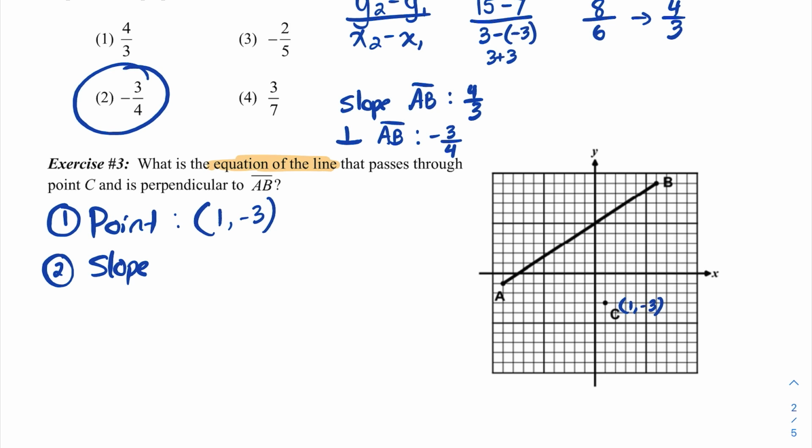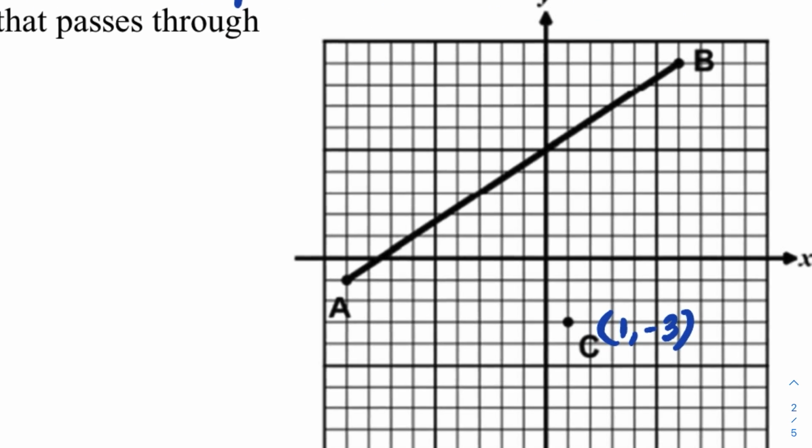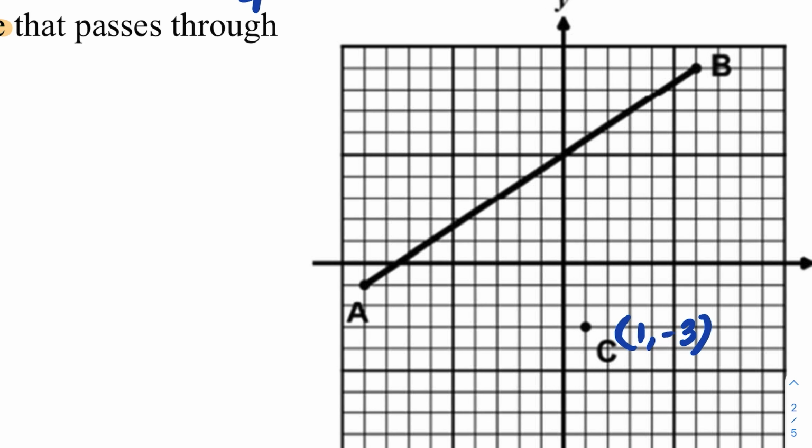Now I have to find the slope. They're telling us the slope of the line has to be perpendicular to AB. So let's find the slope of AB. I'm looking at this. It looks like it's up 2 over 3, up 2 over 3, up 2 over 3. So it looks like the slope is 2/3.